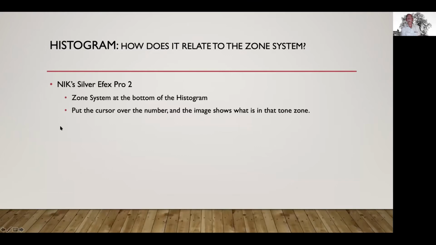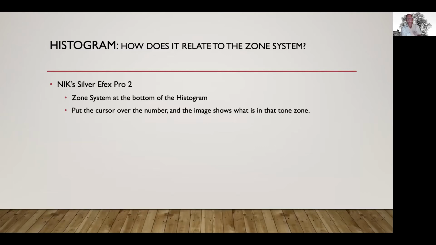Now, how do we relate this to the zone system? Well, there are not many programs left that relate specifically to the zone system. I'm aware of only one, and that's Nik's Silver Efex Pro 2. And many of us still use that. I use it extensively.